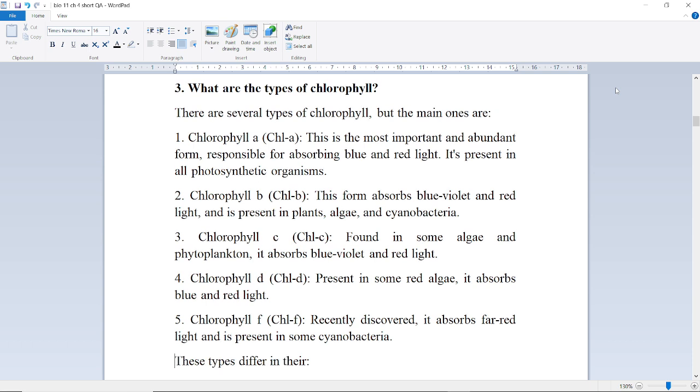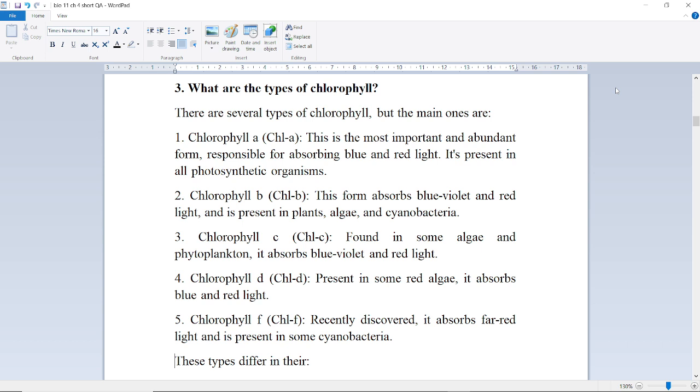Next question is, what are the types of chlorophyll? There are several types of chlorophyll, but the main ones are chlorophyll A. This is the most important and abundant form, responsible for absorbing blue and red light. It's present in all photosynthetic organisms. Chlorophyll B. This form absorbs blue, violet, and red light and is present in plants, algae, and cyanobacteria.